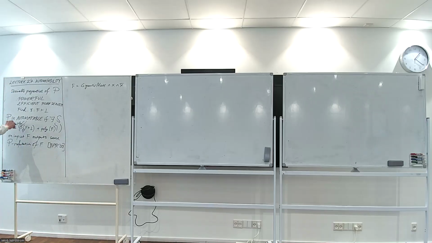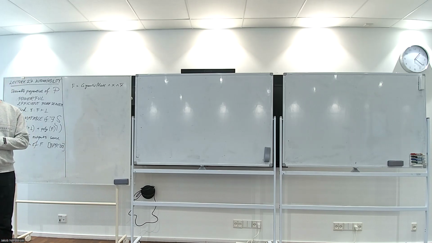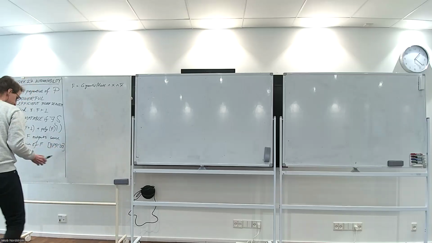And now you can also study notions of, so this is polynomial automatability. This is the most efficient type. You could relax your condition. Maybe you want to be just quasi-polynomial in this or sub-exponential in this, and then you can define notions of being automatable in quasi-polynomial time or sub-exponential time or something like this. Okay, so today this is what we want to talk about.